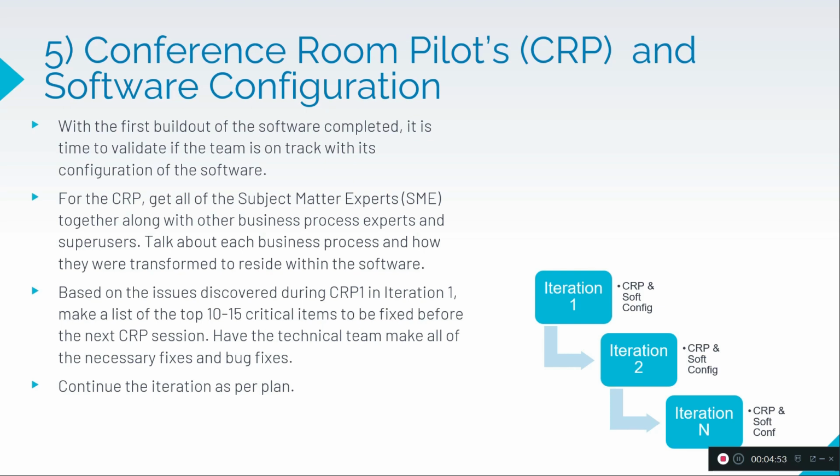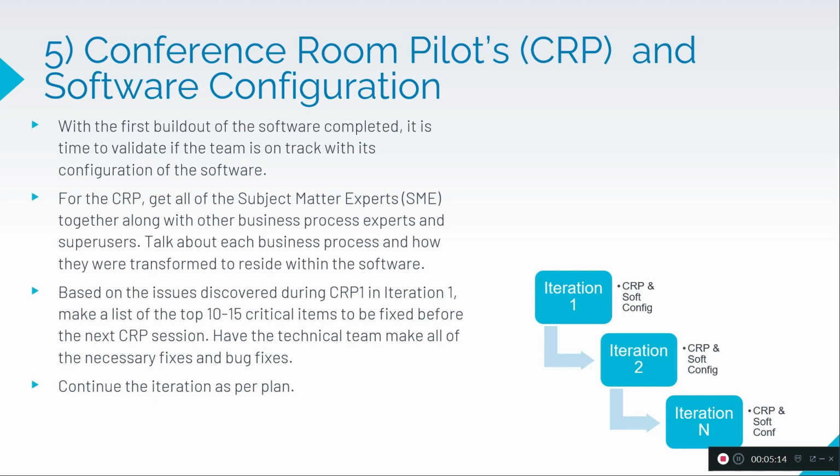After every iteration is over, we will have the CRP session and we will provide the demo to the sponsor and get the approval or a sign off from them for each iteration. Have the technical team make all the necessary fixes and bug fixes.